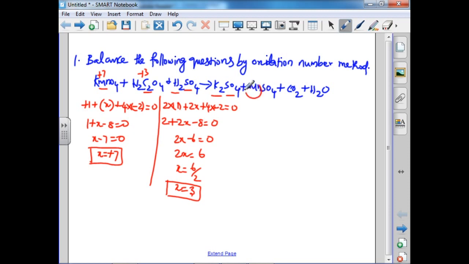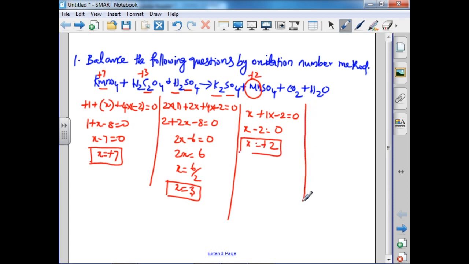There is no change in potassium sulfate. Next, we find the oxidation number of Mn in MnSO4. Mn as X, sulfate oxidation number is -2, one sulfate, so 1 into -2 equal to -2. It is a neutral molecule, equal to 0. X - 2 = 0, X = +2.